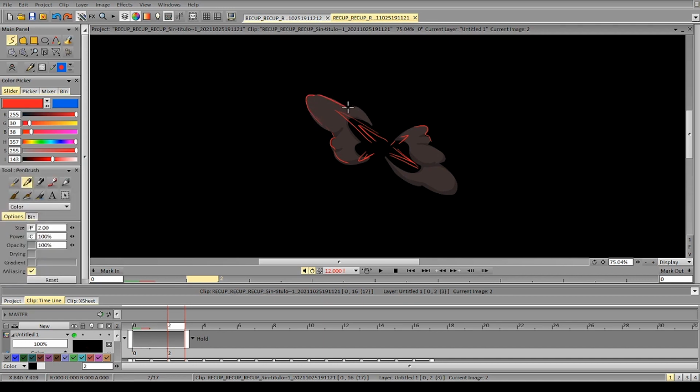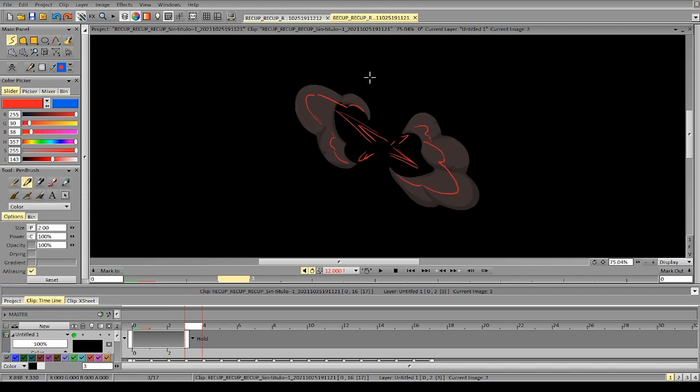Let's make it precise so we can clearly see how it goes. So then it starts decelerating, and so far it's good.